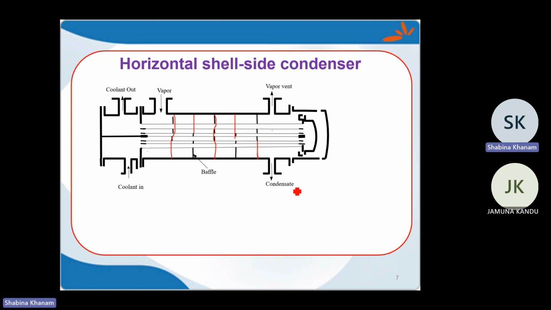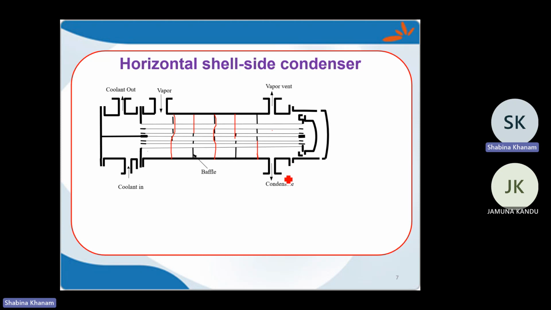But we need to ensure that only condensate should leave, not the steam, because this is the nozzle which we need to open. Because we need to remove condensate continuously, all the time it will remain open. But this vent we can close as vapor will start exiting from here.